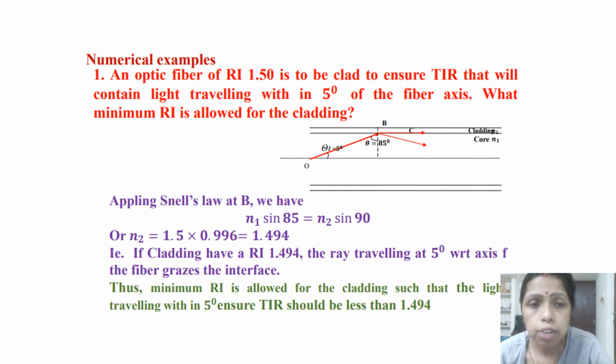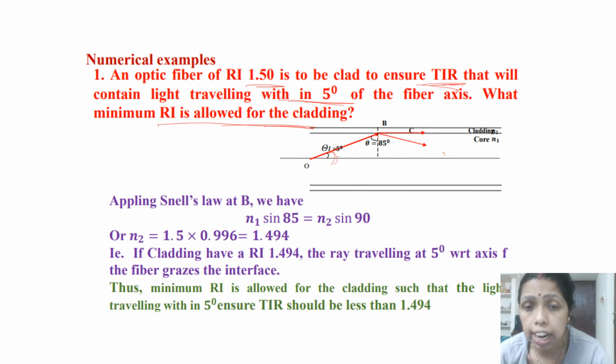This numerical, what is the question? The optical fiber's core refractive index is 1.5. What will be the cladding refractive index to ensure total internal reflection when light hits the core-cladding interface, so what will be eta 2? The light is traveling and creating a 5 degree angle with the fiber axis.